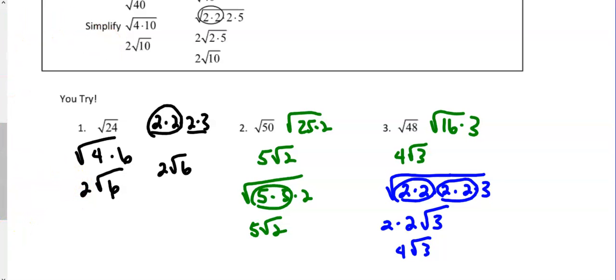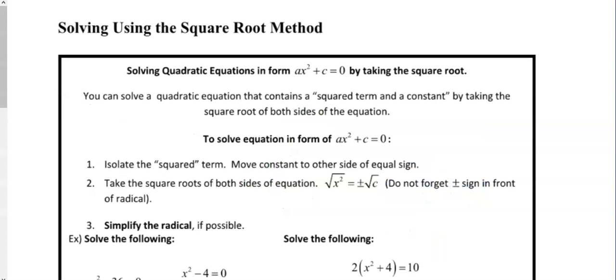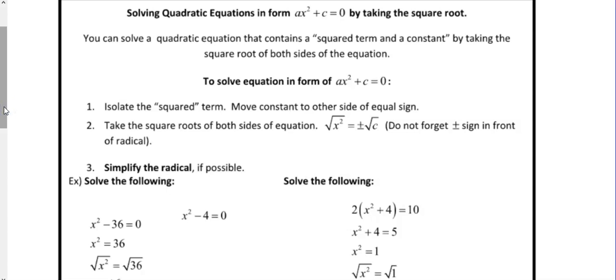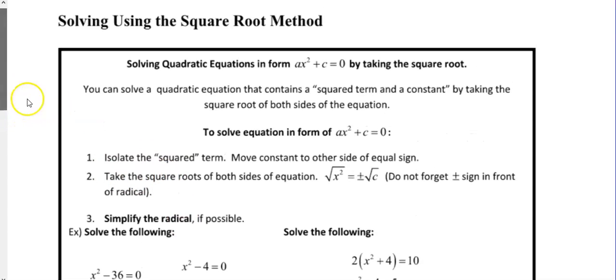So this becomes important in regards to the square root method, because if we have a quadratic and we can get it where we can isolate the square, so we want to get x squared equal to c, so that we can take the square root of both sides.